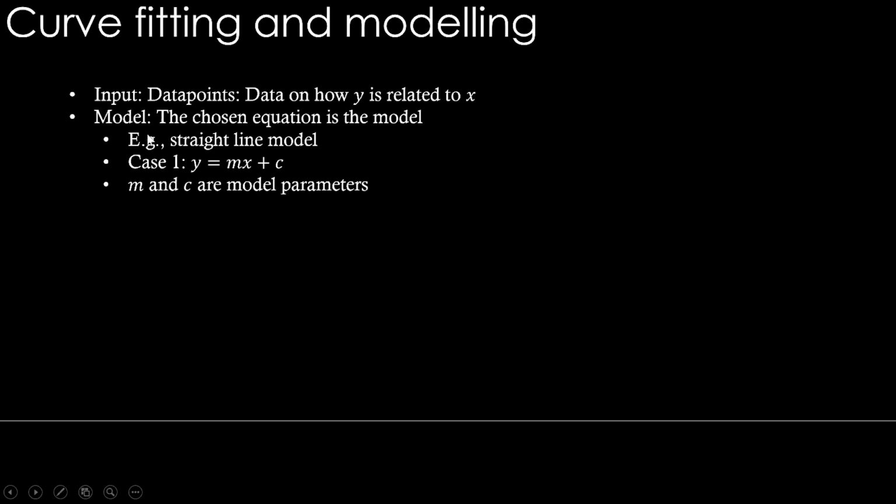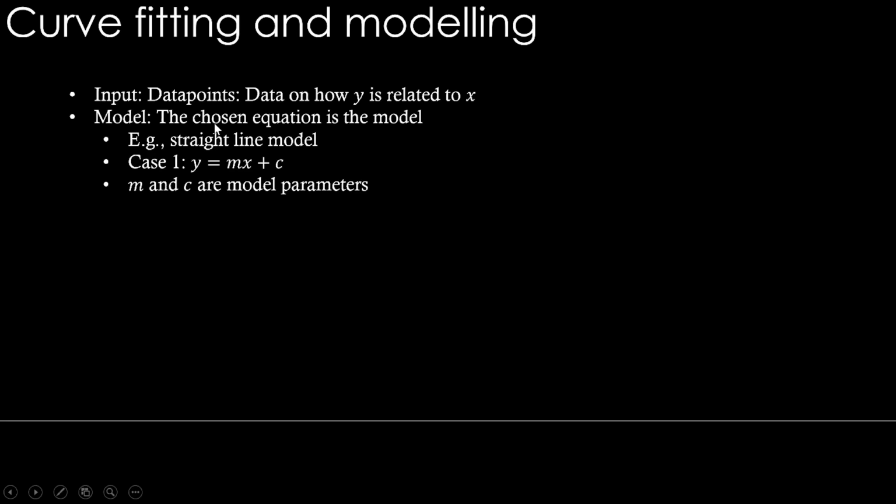And the model, when we say model, the chosen equation is the model. When people talk about modeling, some people think that modeling is something very different and it's not something they're going to understand easily, especially people who work completely on experimental kind of work. They think that modeling is something else. But modeling is nothing but, in this case, the chosen equation.